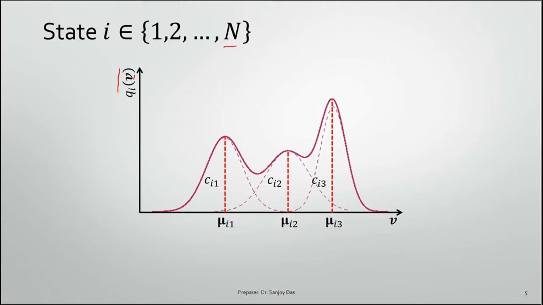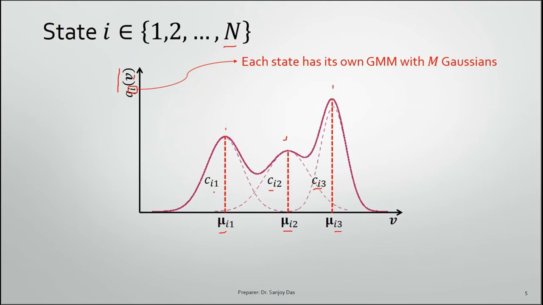In this figure, it's a summation of 3 different Gaussians. c_i1, c_i2, and c_i3 are the probabilities of the first Gaussian, second Gaussian, and the third Gaussian being active in generating the output vector V. And the means of the 3 Gaussians are mu_i1, mu_i2, and mu_i3. Now, again, as a reminder, each state will have its own GMM with M Gaussians.